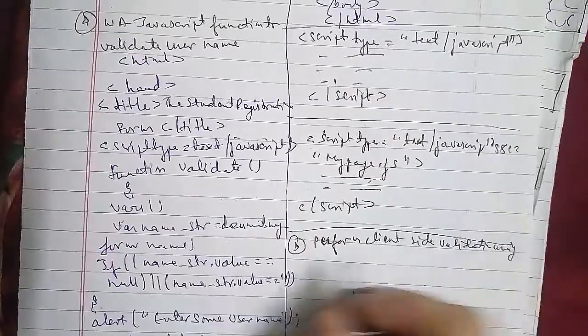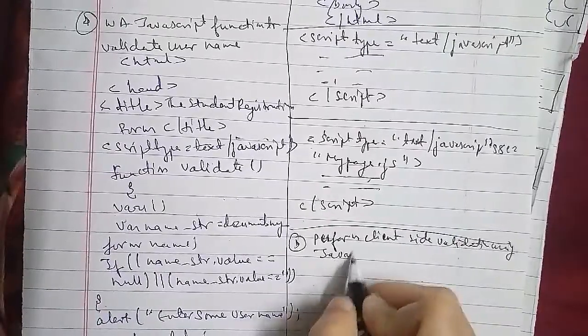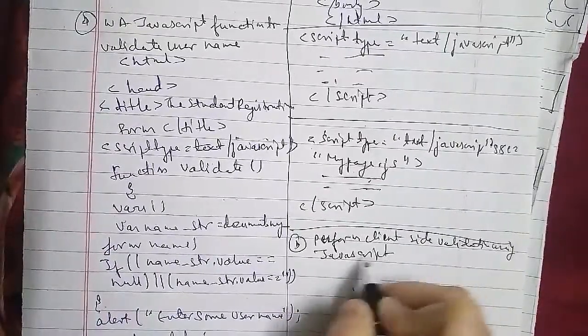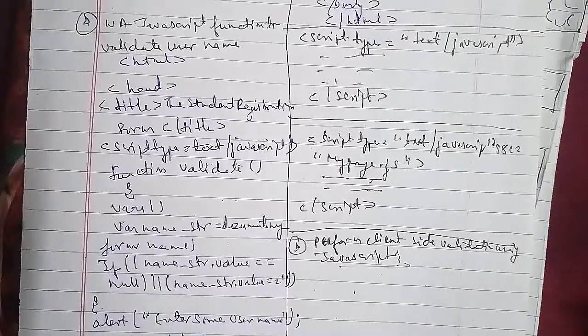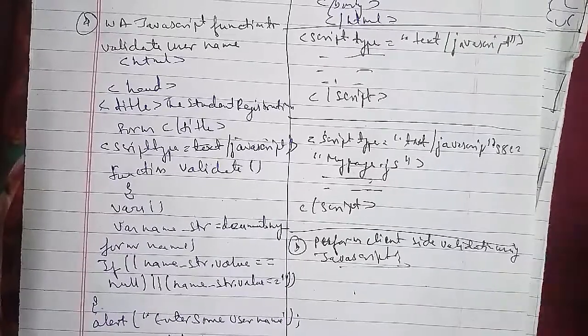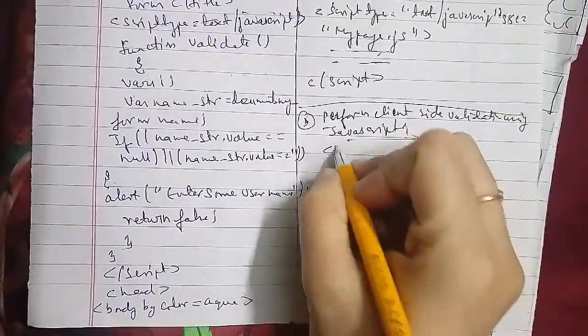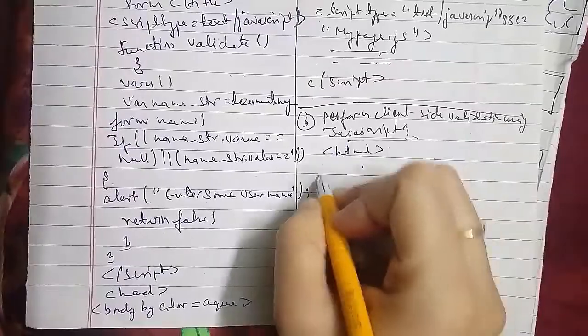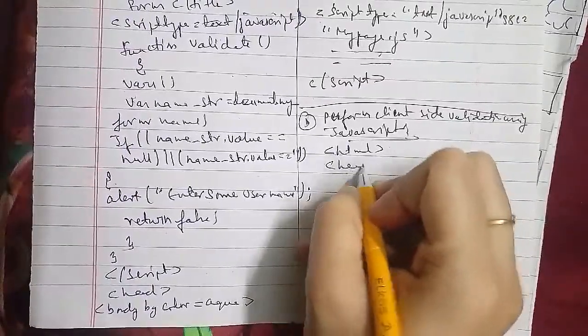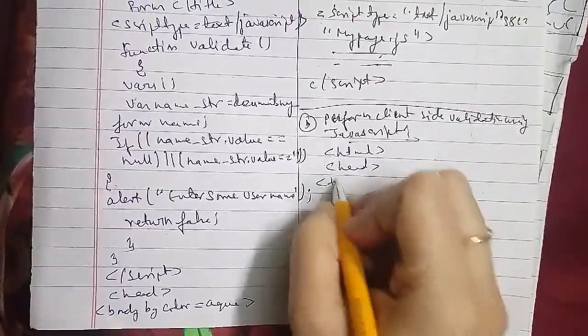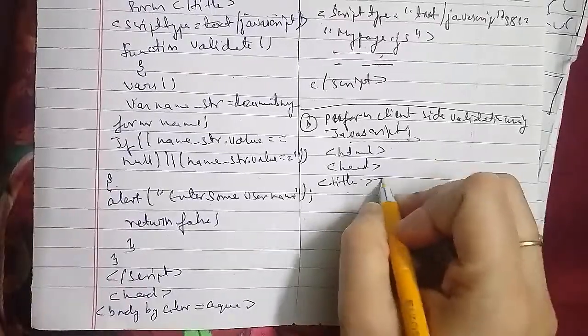Here we will go ahead with alert, that is enter some name, then return false.